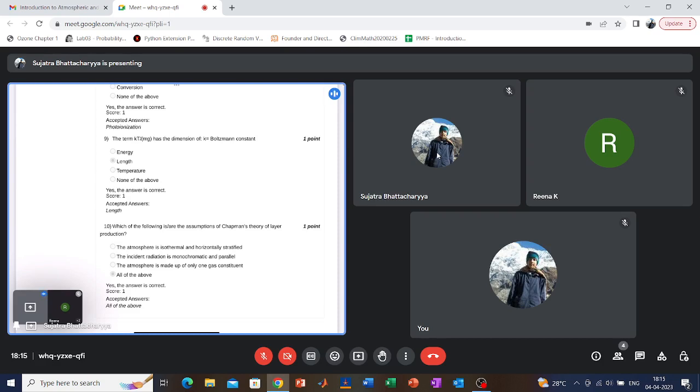The atmosphere is isothermal, so the scale height remains similar, and it is horizontally stratified. Second, the incident radiation is monochromatic, which is very odd, but we have taken this assumption. And the atmosphere is made up of only one gas constituent. These are all Chapman's assumptions before deriving the peak production.